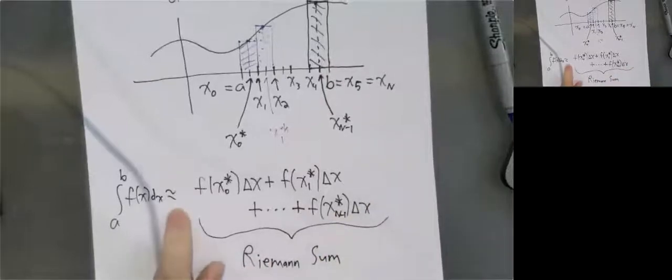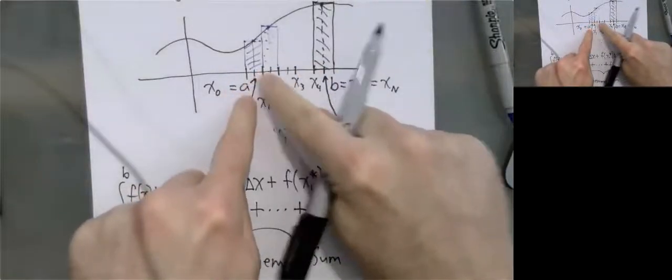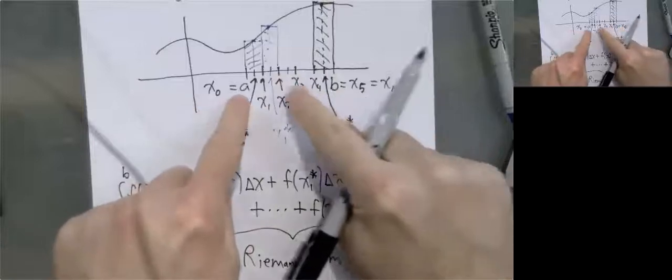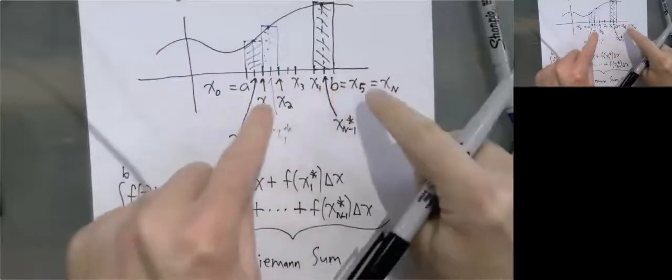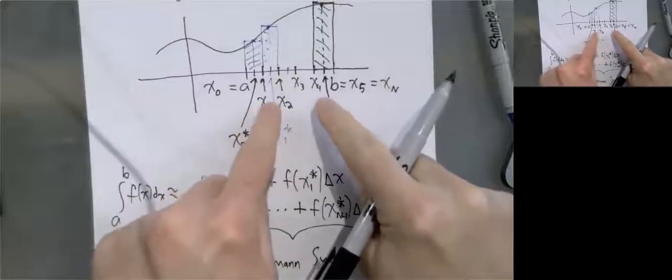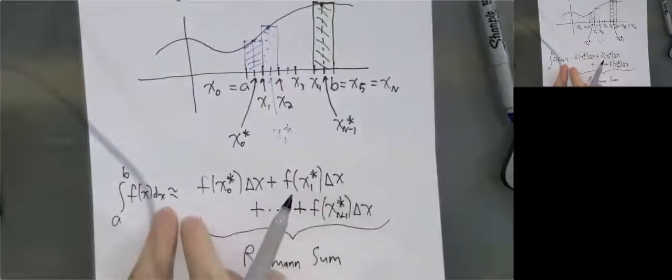Now you might say, this is only an approximation. How do we get the true area under the curve from a to b? Well, you could imagine repeating this process, but using smaller subintervals. And if you use smaller subintervals, so delta x is smaller, then you're going to get a more accurate approximation.